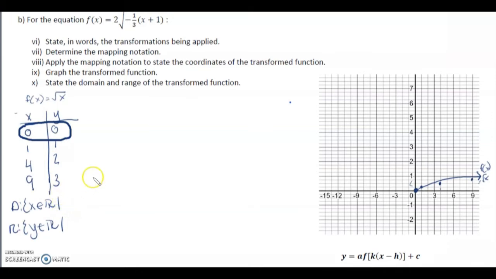So as long as the square root is opening the same way, we're just going to have x is greater than or equal to 0, and then y is greater than or equal to 0. And these will only change when we have, for example, a reflection like this, a reflection like this, or a reflection like this. Okay, and then all that's going to change is the inequality.